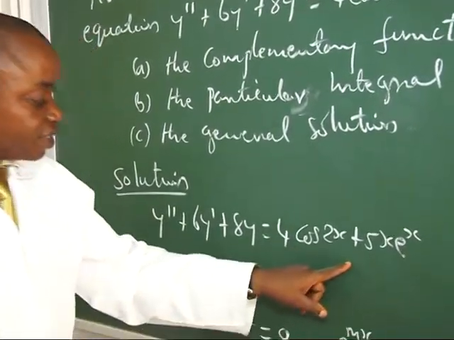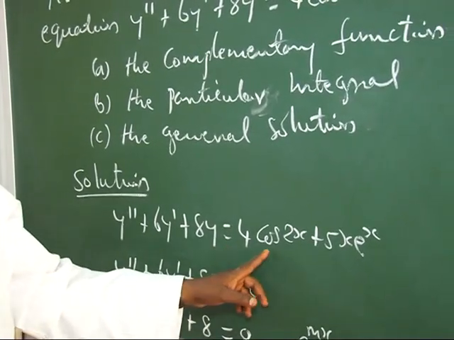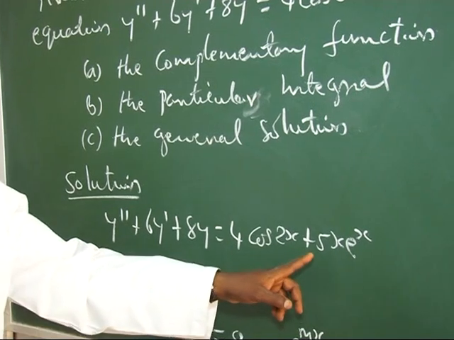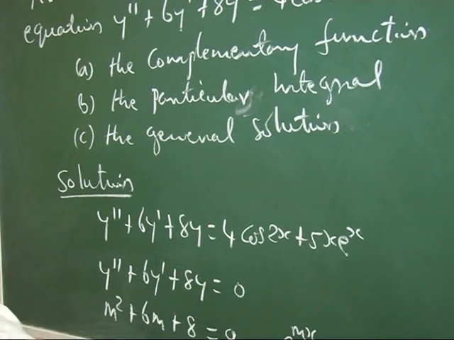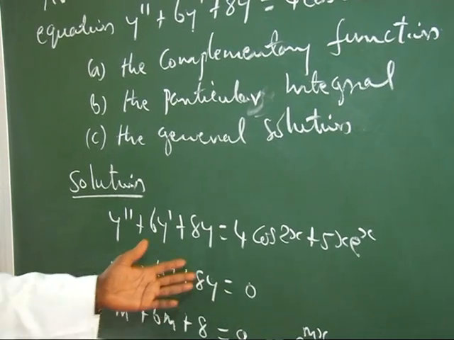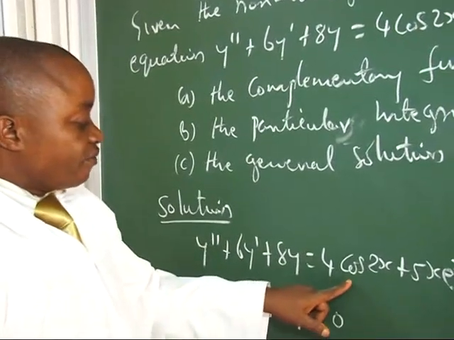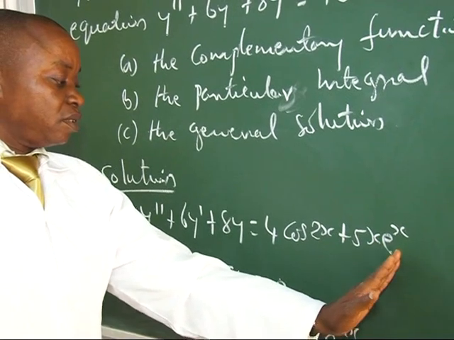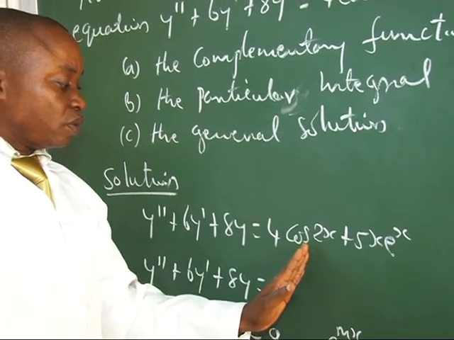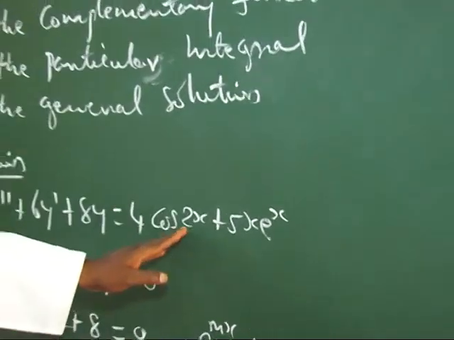And we observe that yp is a combination of case 1: we have a polynomial function, an exponential function, and a trigonometric function. So I decided to put the three at once so that we can do it one time. If it was only this trigonometric function, we would assume a1 cos 2x.